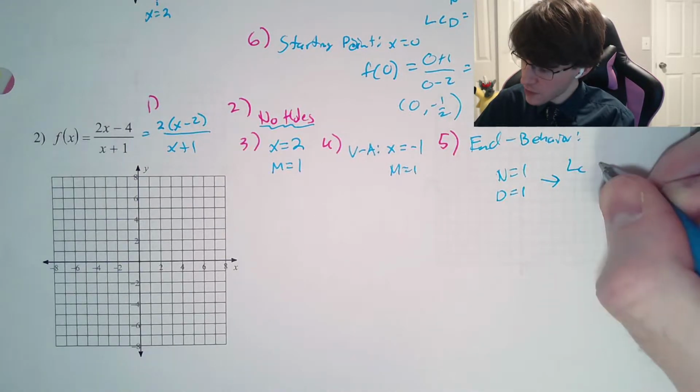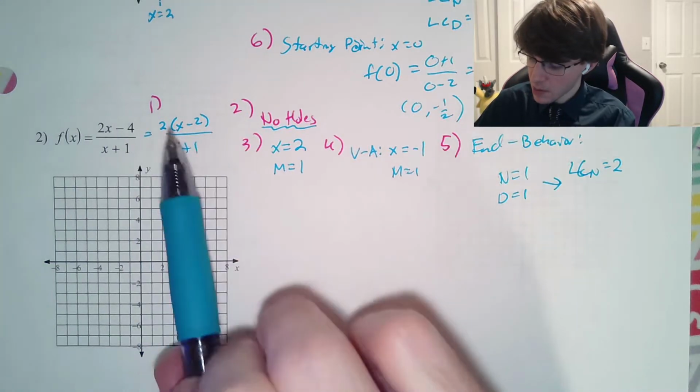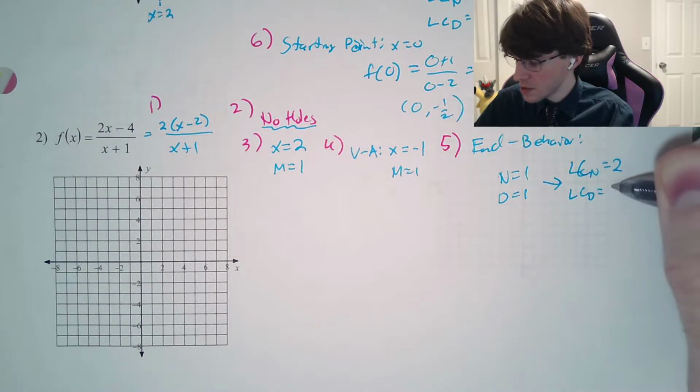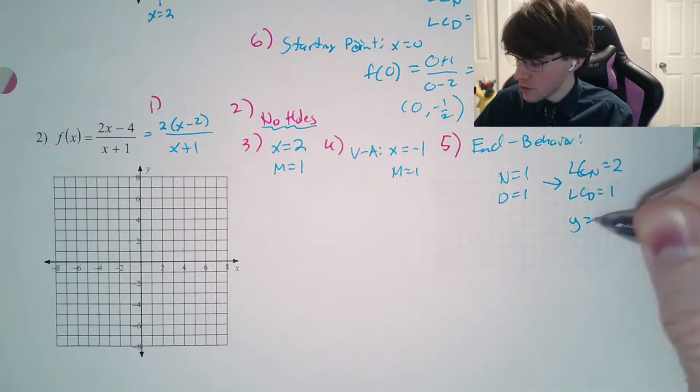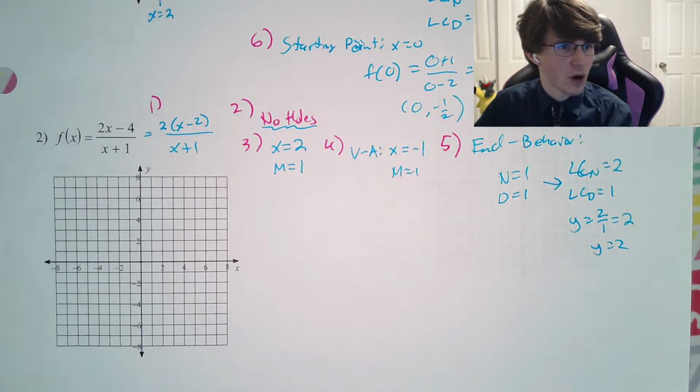The leading coefficient of the numerator this time is equal to 2 because there's that 2 chilling out in front, and the leading coefficient of the denominator is equal to 1, so our value is y is 2 over 1, or simply just 2 for our end behavior for y.